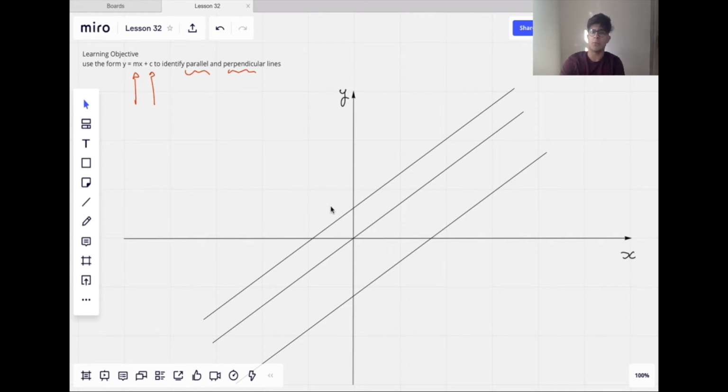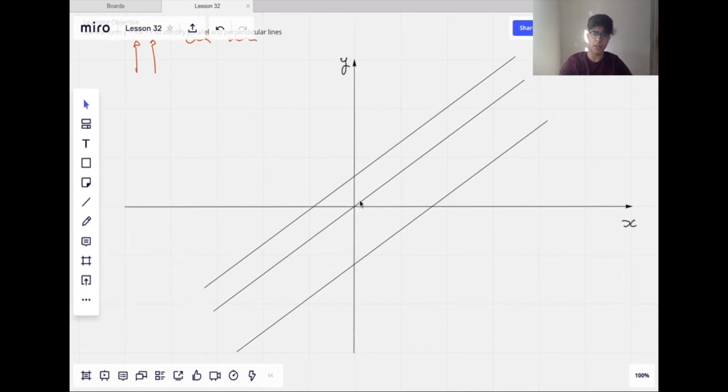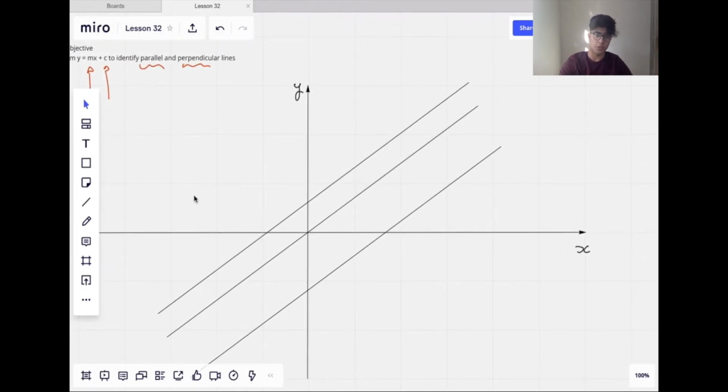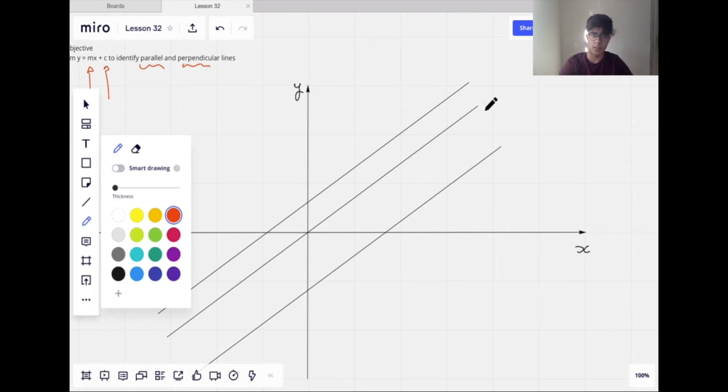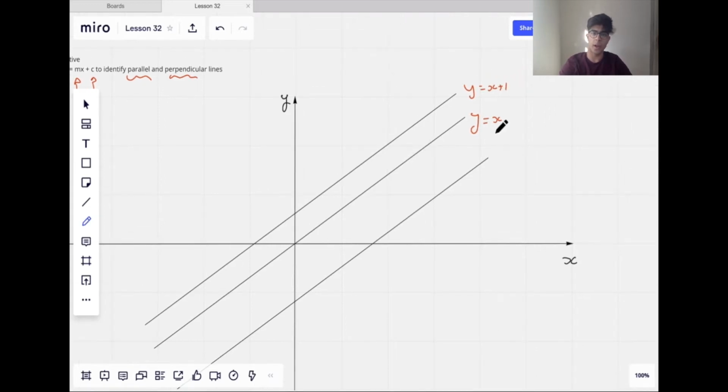And maybe a bit about why they're interesting and some interesting properties they have. Well, parallel lines will never meet. For example, if this is the line y equals x, and this is the line y equals x plus 1, we know they're parallel because the gradient is 1 for both.